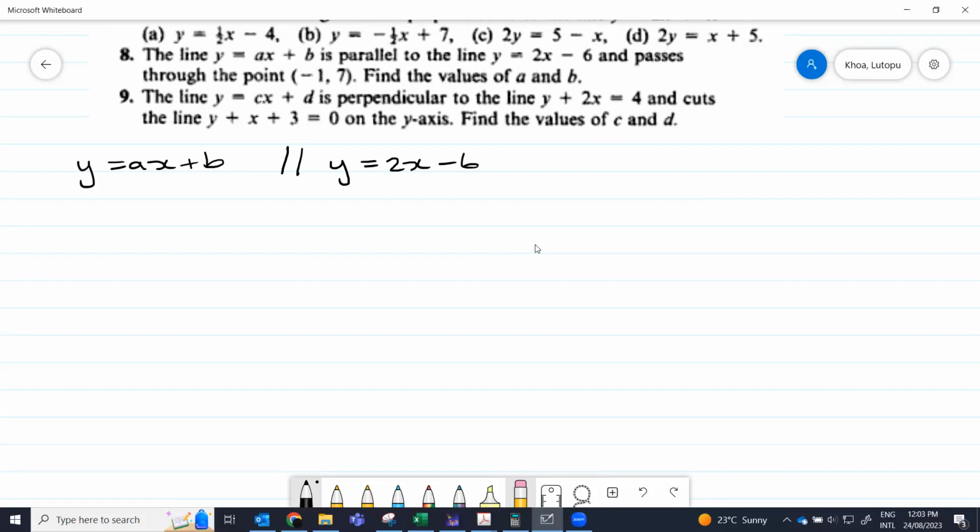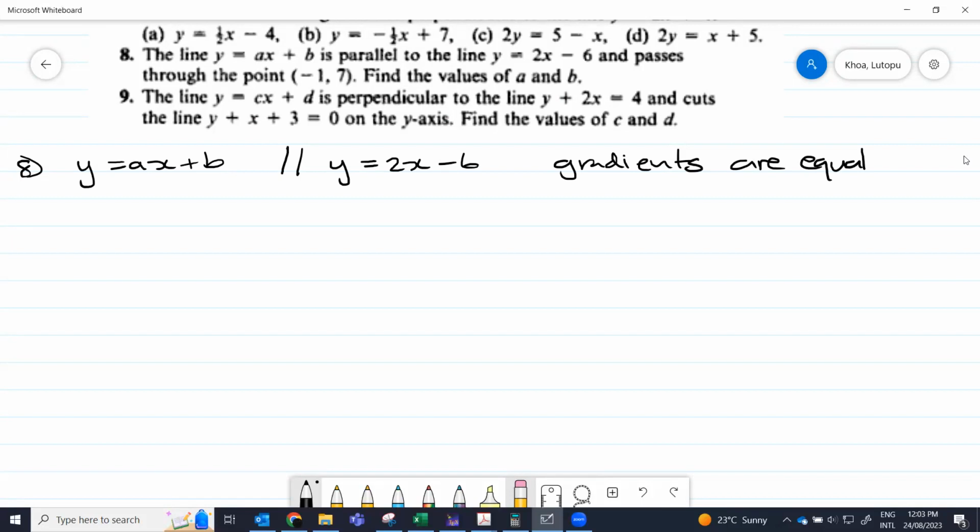Remember what parallel means. Parallel means the gradients are equal. That's number 8. Gradients are equal, okay? And then we are told it passes through the point -1 and 7. So that means -1 and 7 satisfies the equation.